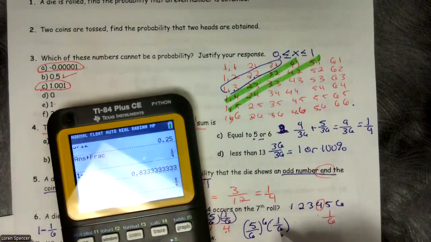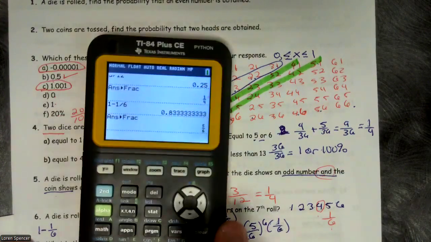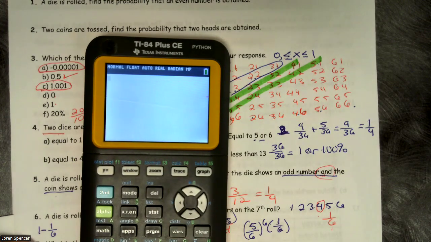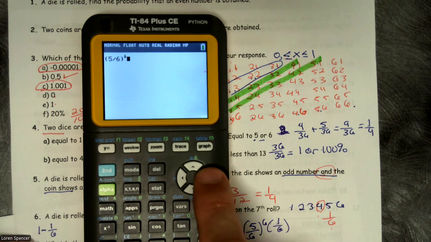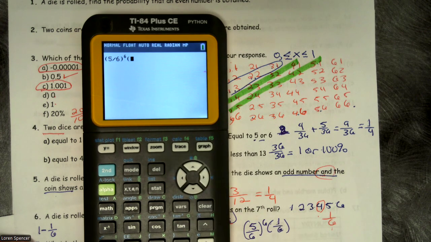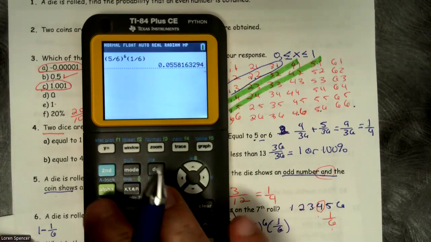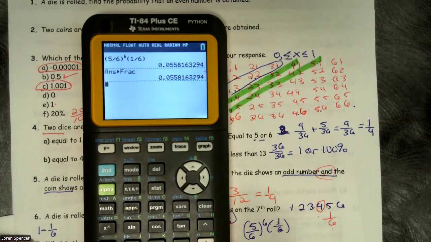So let's see what happens. Here's how I would do this on the calculator. So parentheses 5 divided by 6, close them. And I use the little caret button right here and put the 6, parentheses 1 divided by 6. And math, enter.